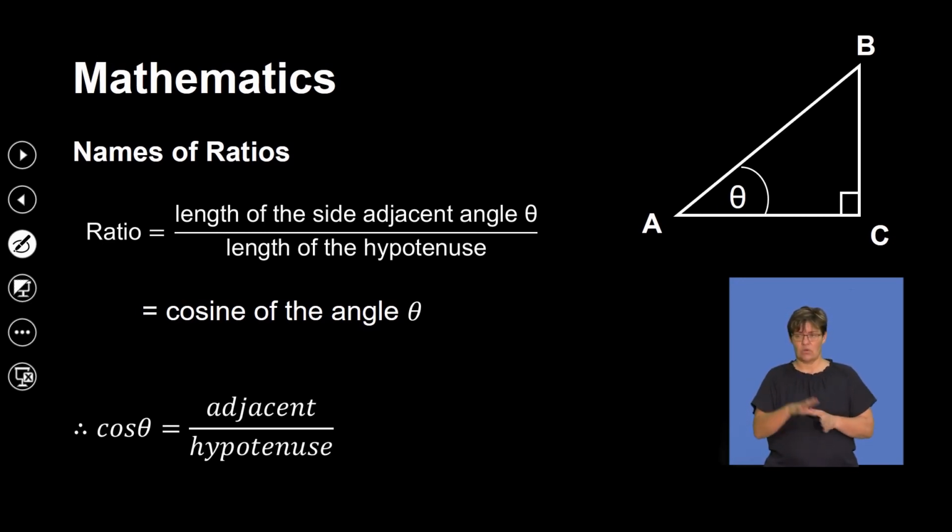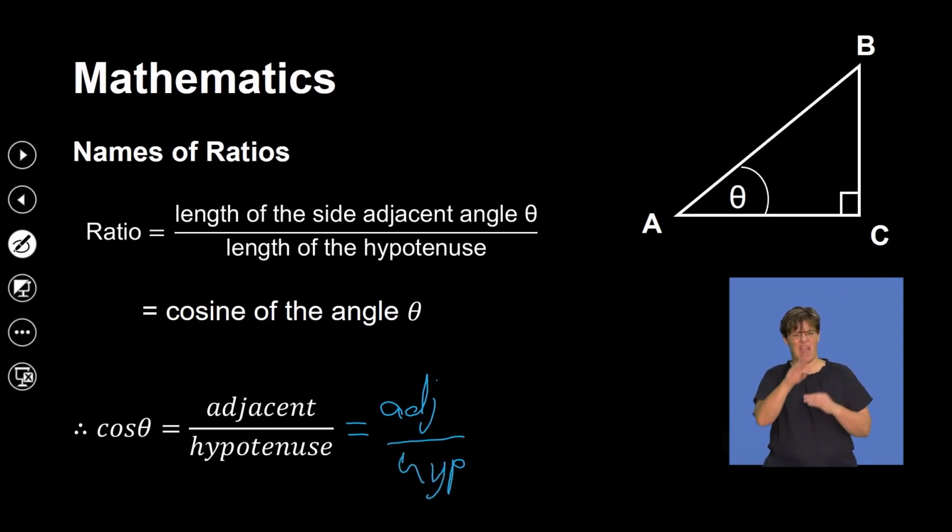In short terms, cos theta is equal to adjacent over hypotenuse. Also remember, to make it short, it's ADJ over HYP. I'm including this because at a later stage I might just write ADJ and HYP and not write the whole word. So I want you to please be familiar with the vocabulary that I'm going to be using in trigonometry.